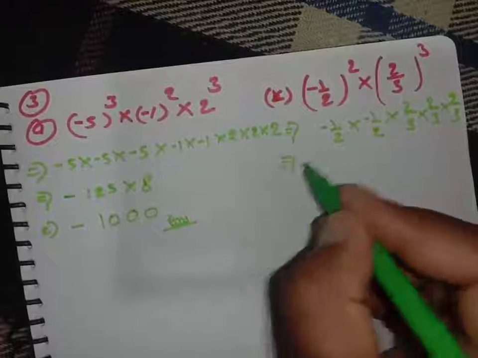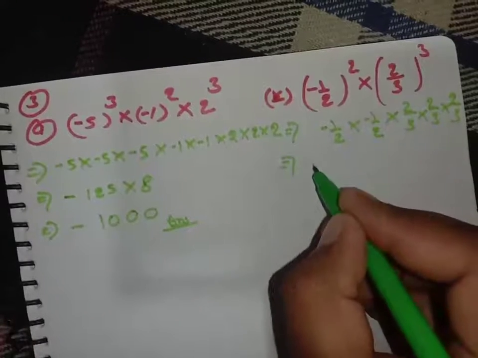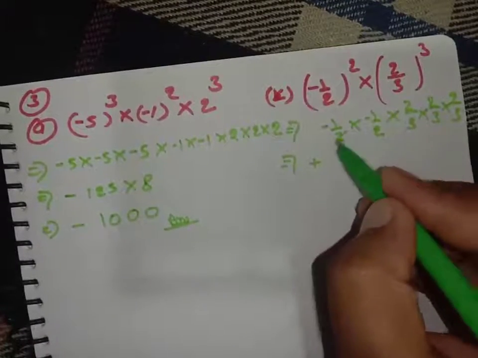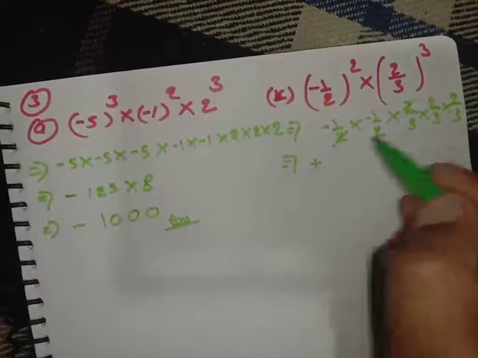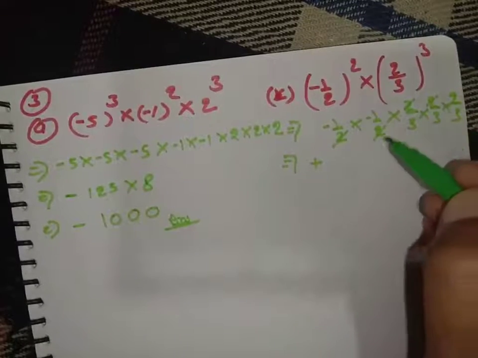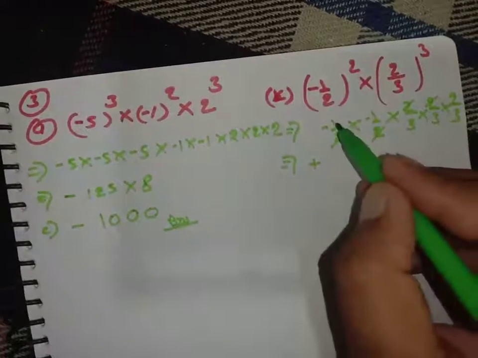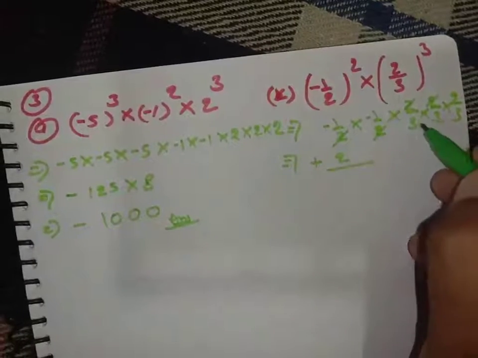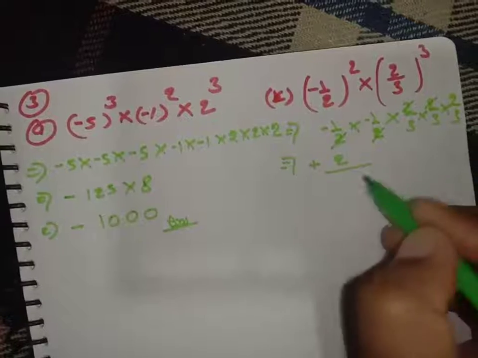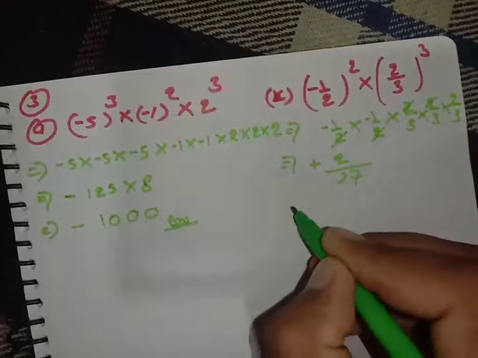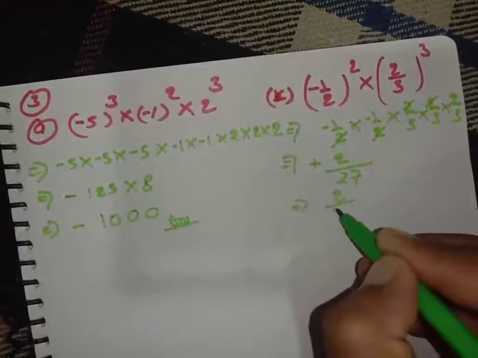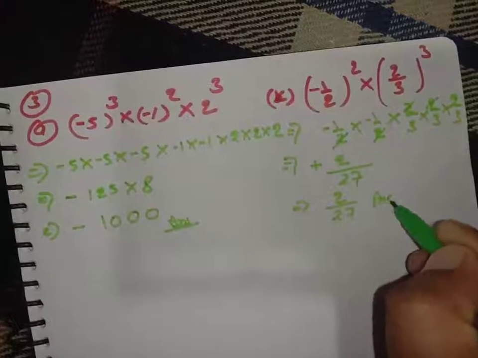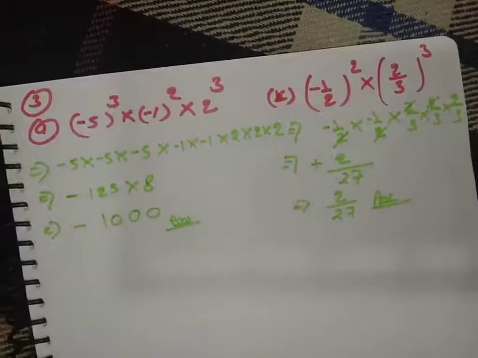So minus minus plus. 2 and 2 cancel, denominator and numerator. 1 1s are 1, 2 is 2, 3 3s are 9, 3 9s are 27. So the answer is 2 by 27. This is the solution with the answer.